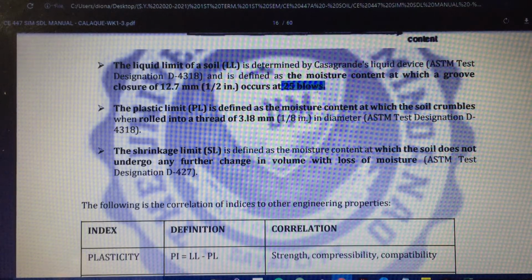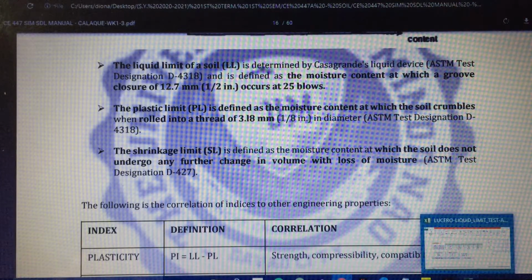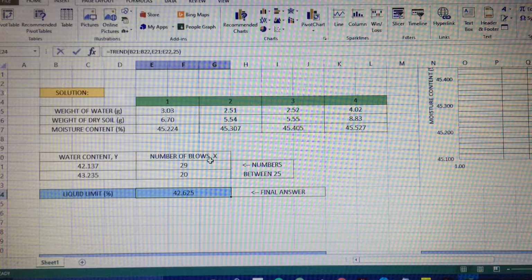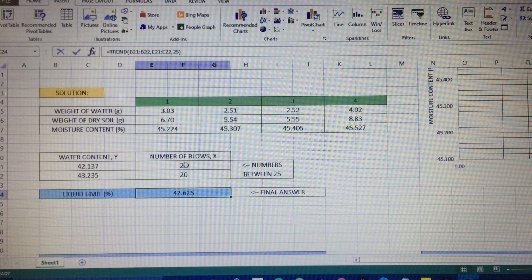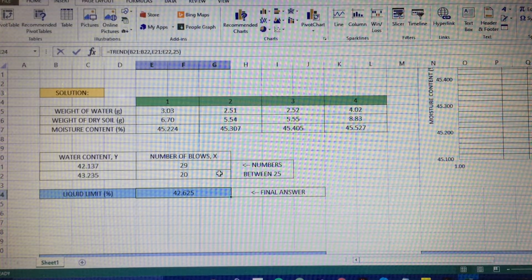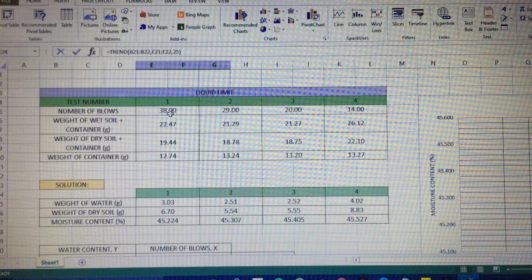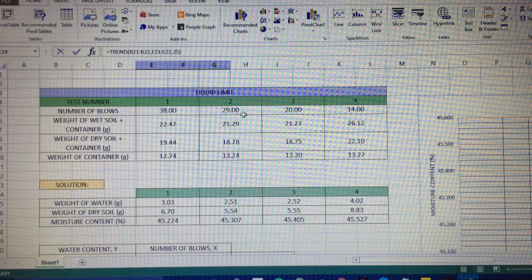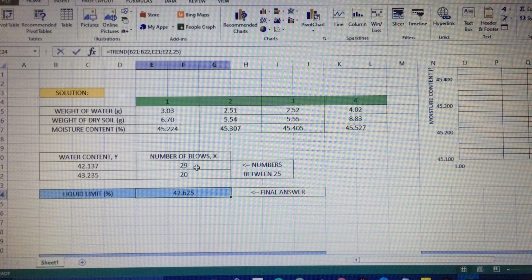So, dito tayo magbabase mamaya sa pagkuha ng liquid limit. Since walang exact na 25 blows dito, naghanap tayo ng dalawang numbers na in between them is 25. So, dito, merong 38, 29, 20, 14. Diba, ang 25 nasa gitna ng 29 and 20. So, yun yung gagamitin natin dito.